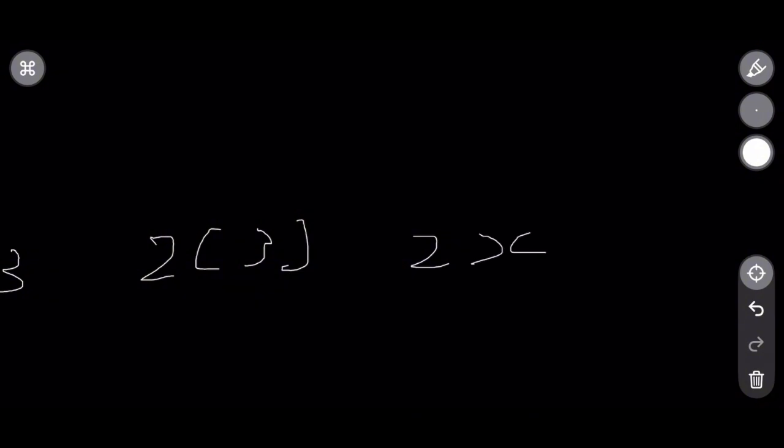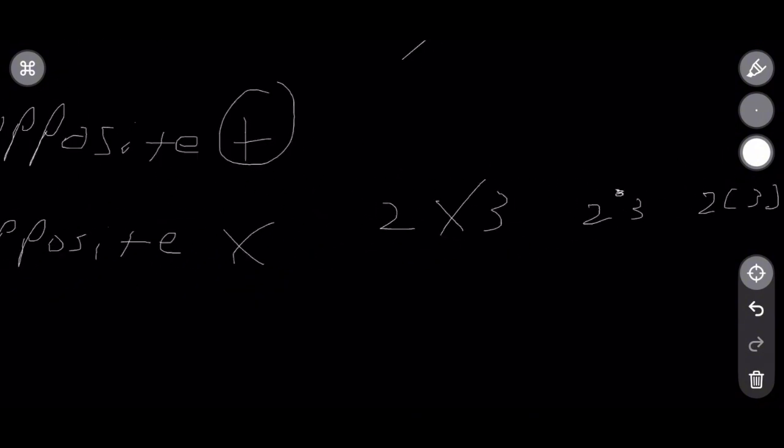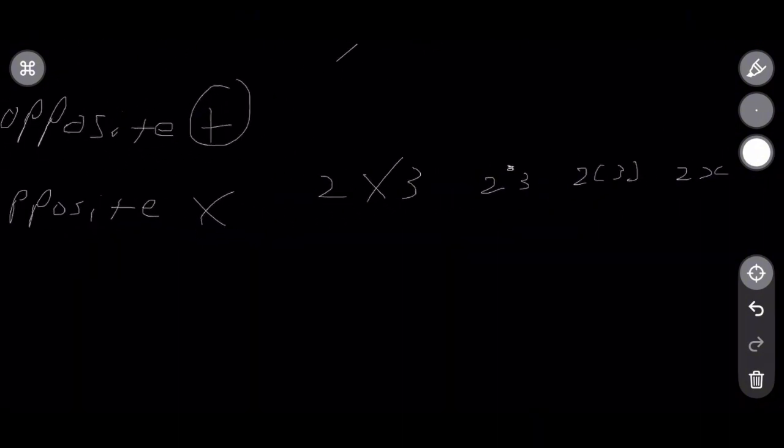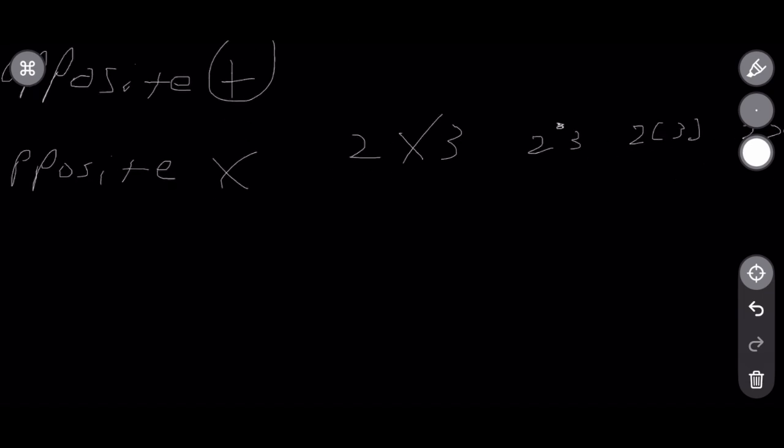Or, I mean, this is very much later, but the symbol can just be taken away, but you have to make that clear. If it's numbers, but if it's letters, then it's a bit different. So 2 brackets 3. But if it's, say, x, 2x, right? Those are all the ways multiplication can be shown.